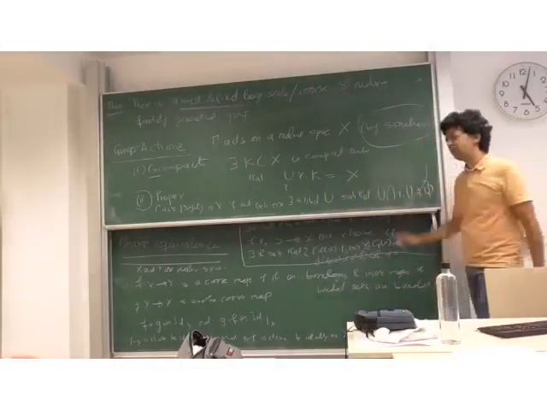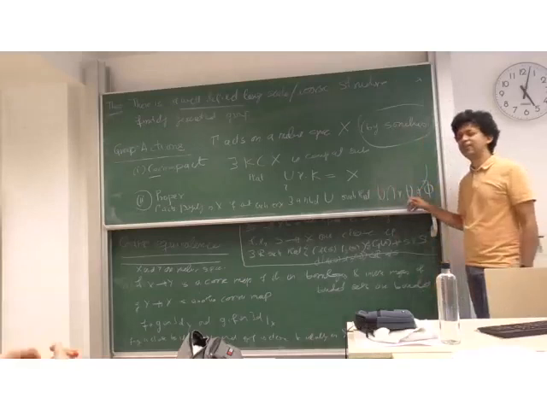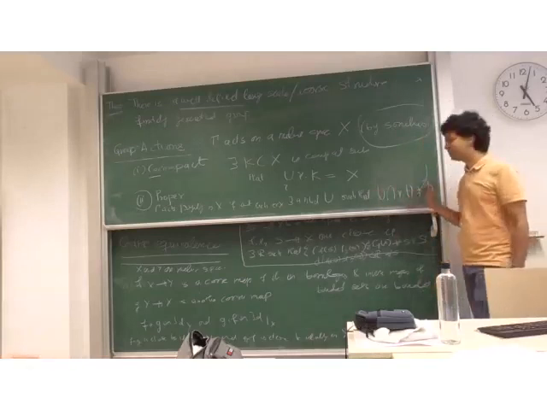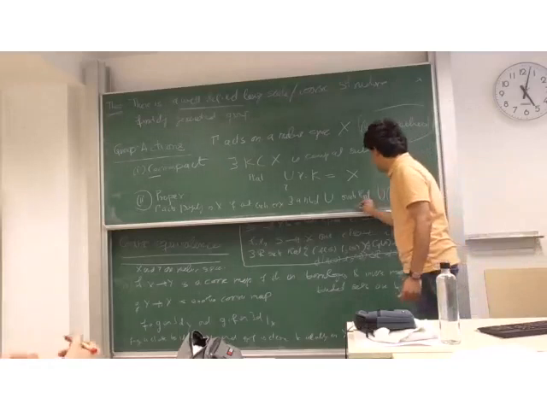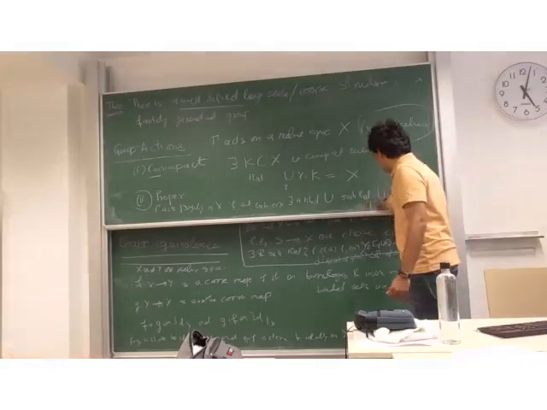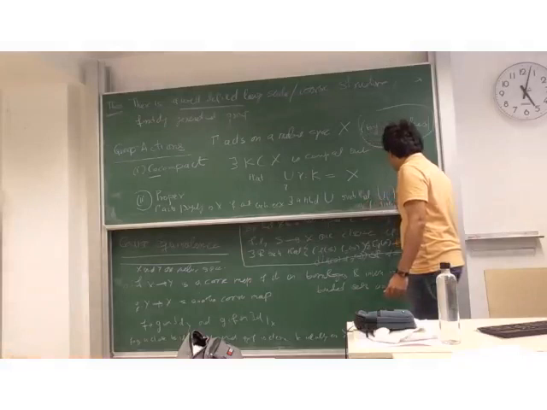If U does intersect its own translate, then this can happen only for finitely many gammas.